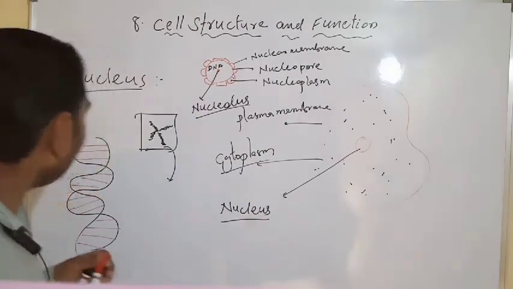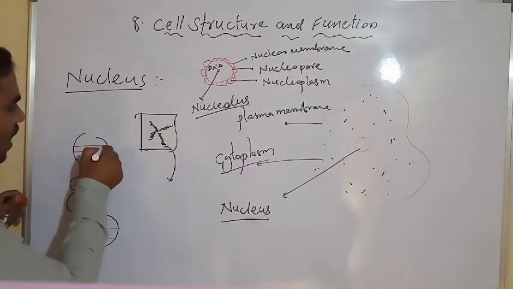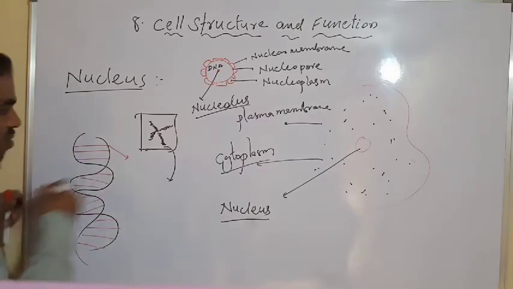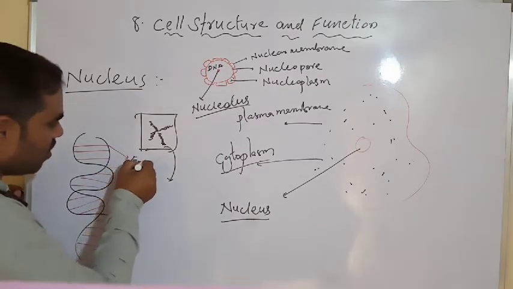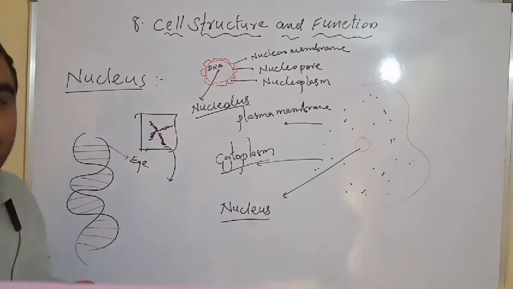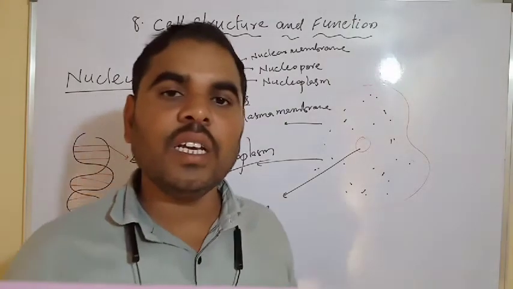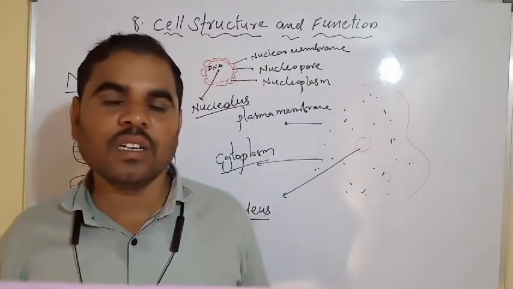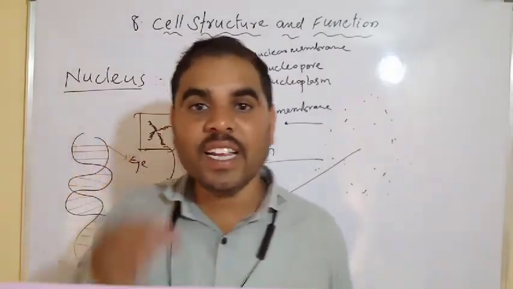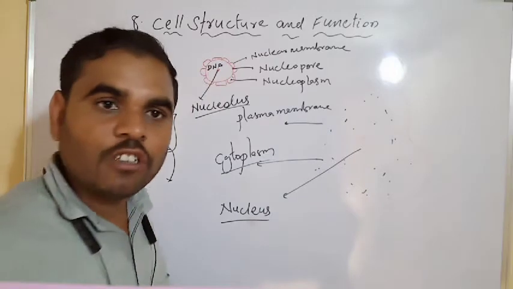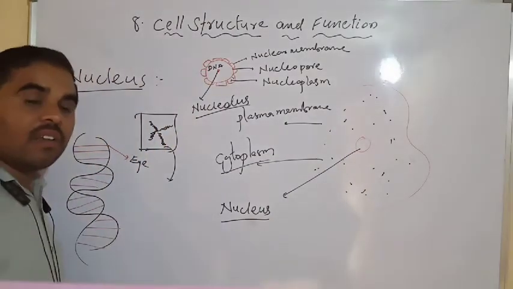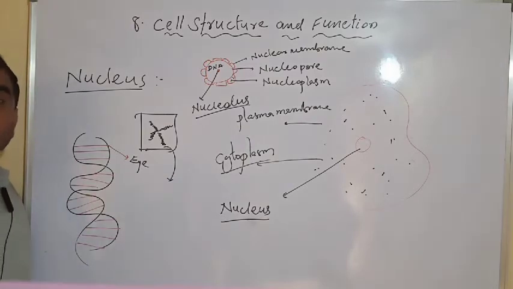In this DNA, for example, a gene decides the eye color. Some members have blue eye color, some have black retinas. It is passed to the child. Characters are passed from parent to progeny.